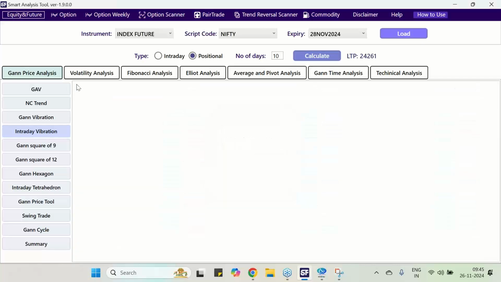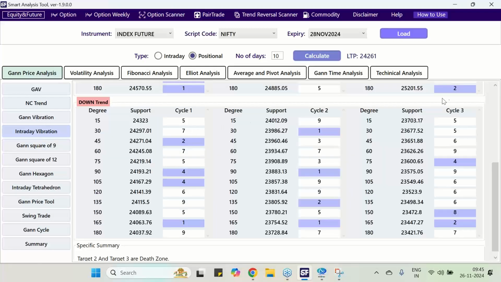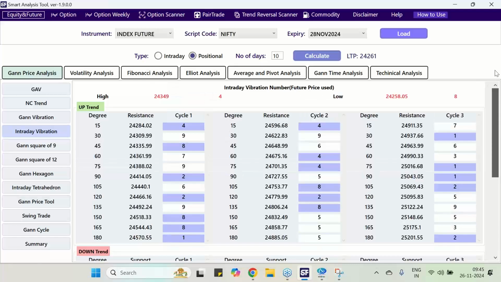So you can see here the low has been changed. Then calculate the values, and once the calculation completes, you can see this calculation 58.05. Earlier it was 9, first it started with 1, then became 9, now it is 8. So 24 to 84 also is a vibration, 335 vibration, 414 vibration.